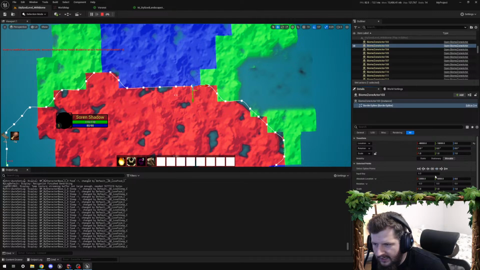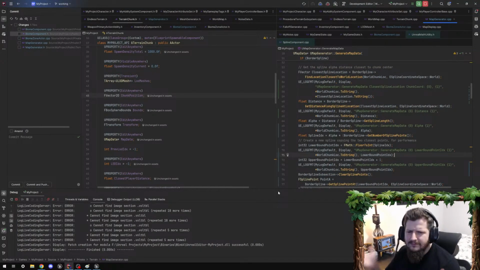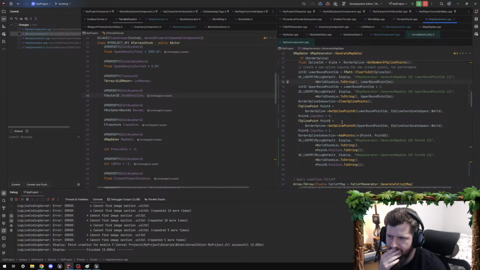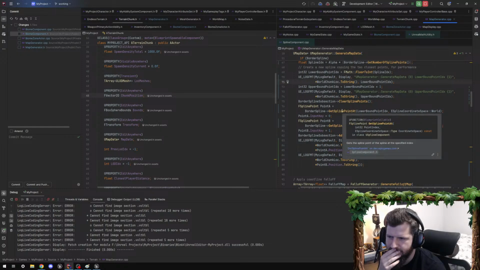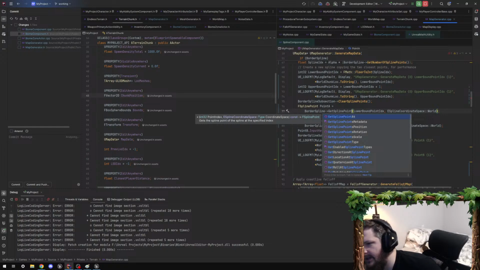Input key is 5, input key is 6. Okay, so why is that getting the wrong one? Get spline point at.